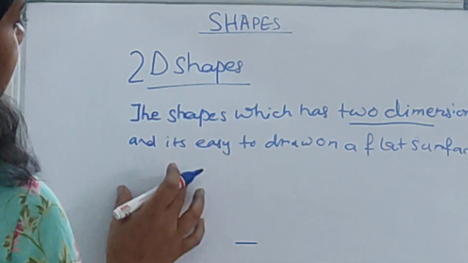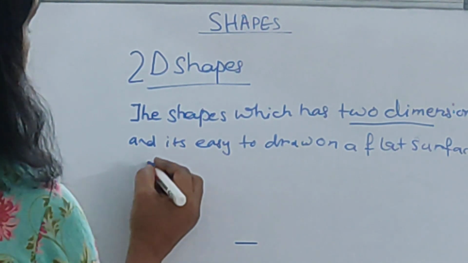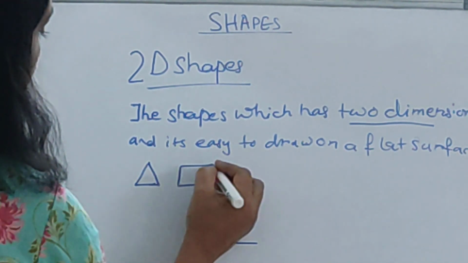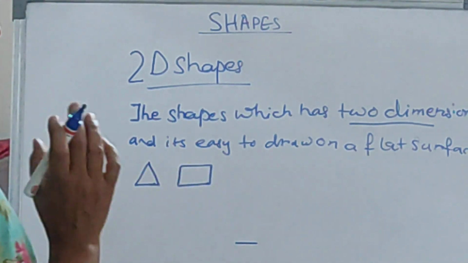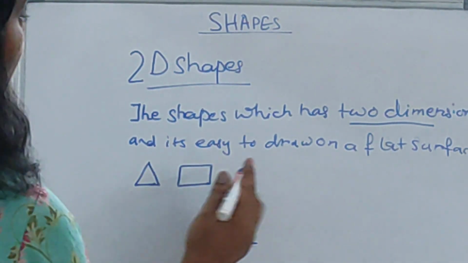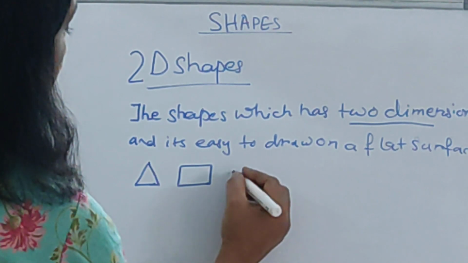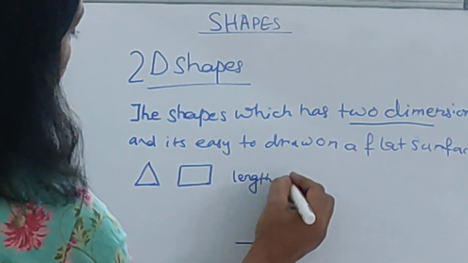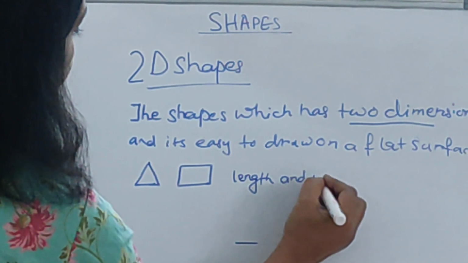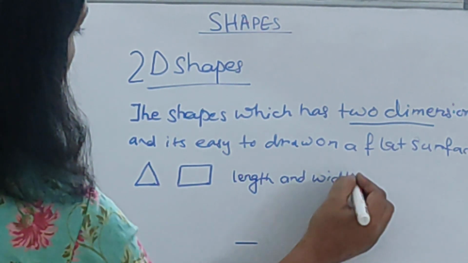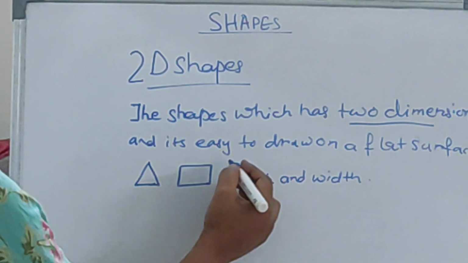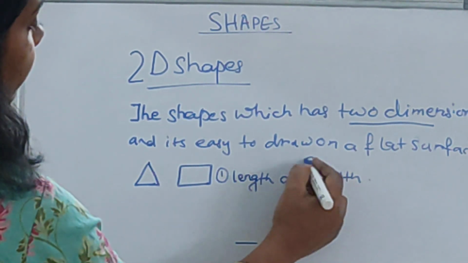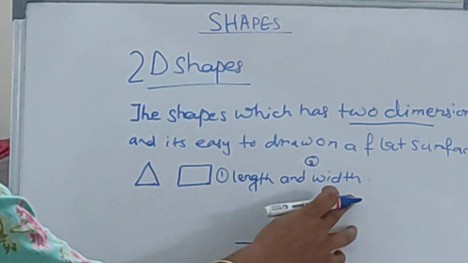A 2D shape, for example a triangle or a rectangle, has only length and width. It has only two dimensions: first, the length, and the second one, the width.